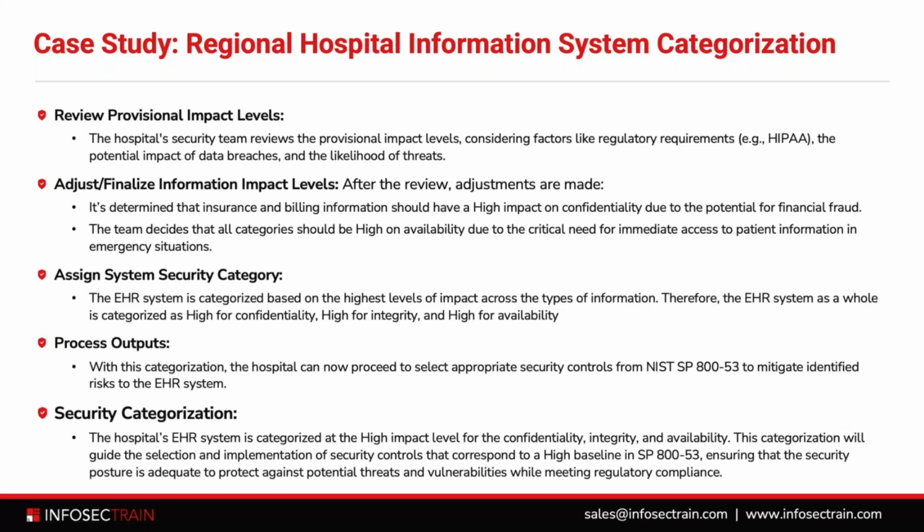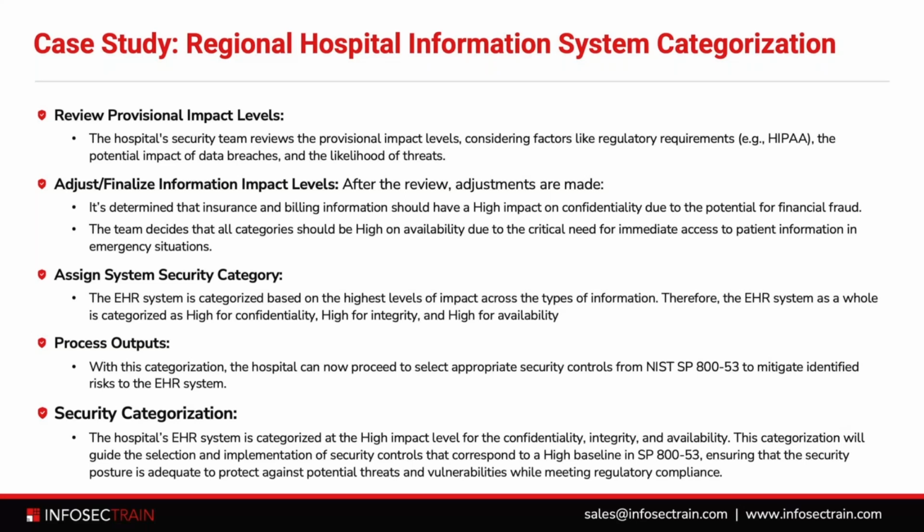If the system receives high for any one of the factors, the overall category for the system will be the highest among them, which is high. Let's say it is high for confidentiality, moderate for integrity, and low for availability, the EHR system still receives the highest impact level, which is high.